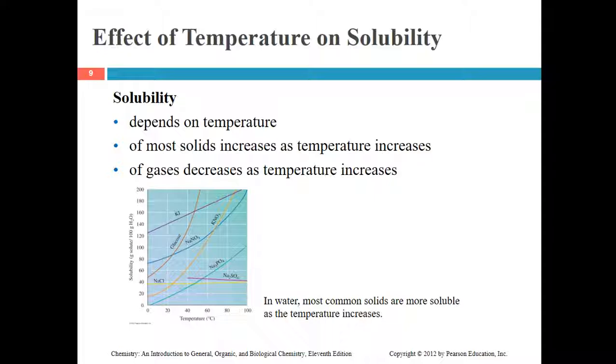Now, the effect of temperature on solubility is dependent on different things. First of all, it's dependent on if you're really talking about a solid or a gas. So when we're talking about temperature changes, if we're putting solids in, you will notice that as the temperature increases, quite often you can get more solid to dissolve.